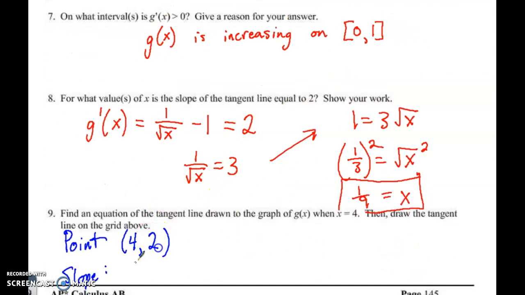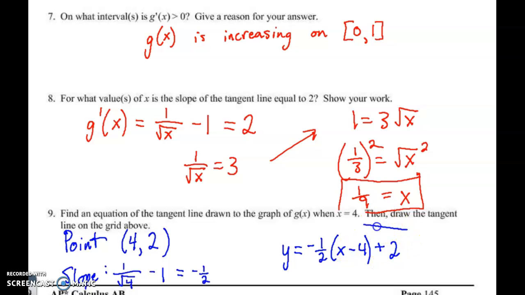Now what I would do is find the slope by plugging in the square root of 4 into the derivative equation. And you can see that would be 1/2 minus 1, which would be negative 1/2. So now I can write the equation. So y equals the slope, x minus your x-coordinate, plus your y-coordinate.